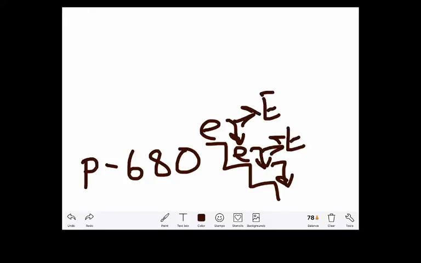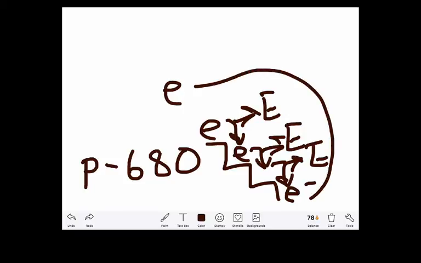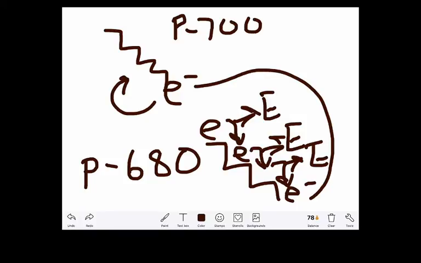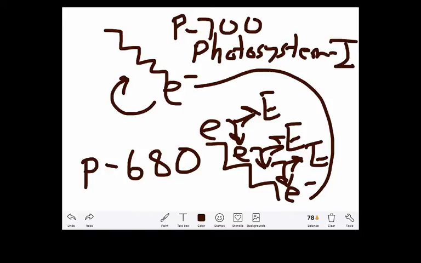And I just got done saying that once the electrons reach the bottom of the electron transport chain of the P680, photosystem 2, those electrons are going to go to the electron transport chain of the P700, also known as photosystem 1.